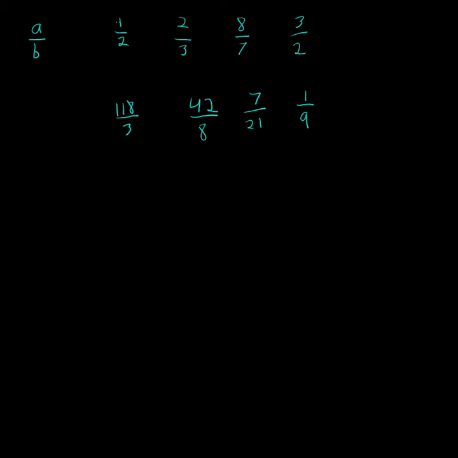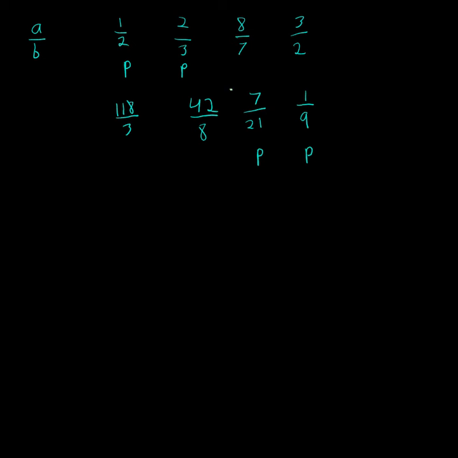Now, we have two different types of fractions. Proper fractions, where the numerator or top value is less than the denominator or bottom value. Proper fractions will include all numbers like 1/2, 2/3, 7/21, 1/9.